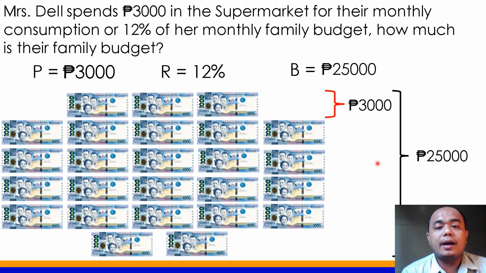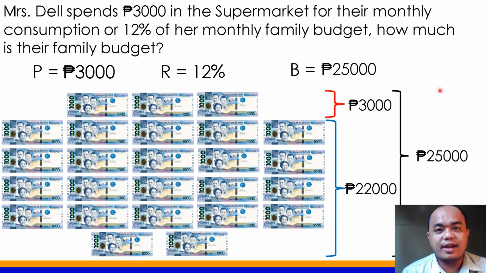Paano natin malalaman kung magkano na lang ang natirang pera nila Mrs. Del from 25,000 at nabawasan ito ng 3,000? No need na to count this one by one. You have to subtract na lang 25,000, which is the base, minus 3,000 will make it 22,000.